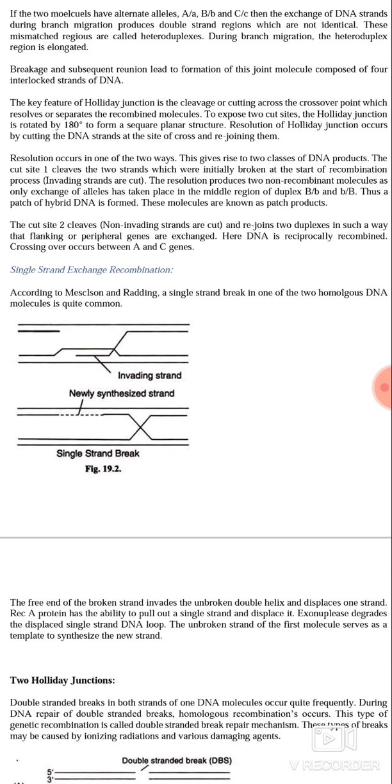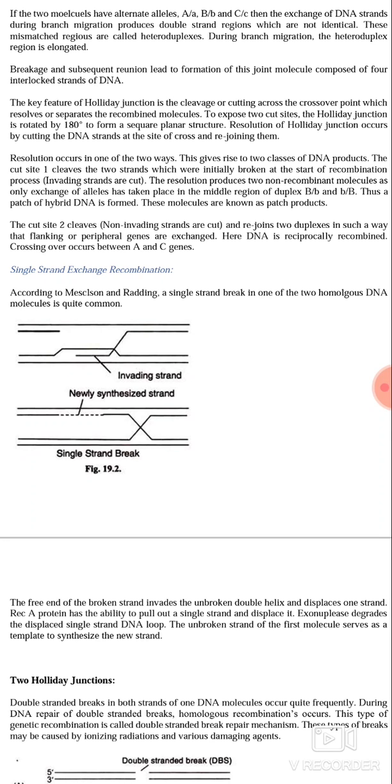The key feature of the Holliday junction is the cleavage or cutting across the crossover point, which resolves or separates the recombined molecules. To expose two cut sites, the Holliday junction is rotated by 180 degrees to form a square planar structure.